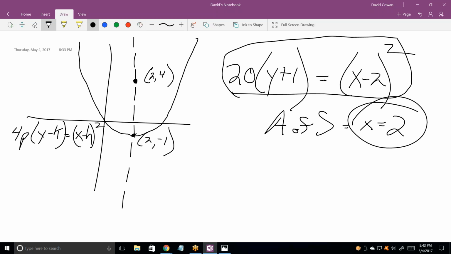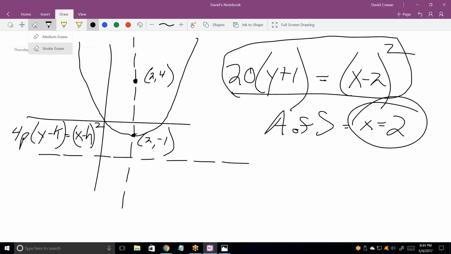Okay. Remember, vertical lines are always x equals. Horizontal lines are always y equals. Speaking of horizontal lines, the definition of the directrix is an imaginary line that runs perpendicular to your axis of symmetry and that is the same distance from the vertex as the focus is.